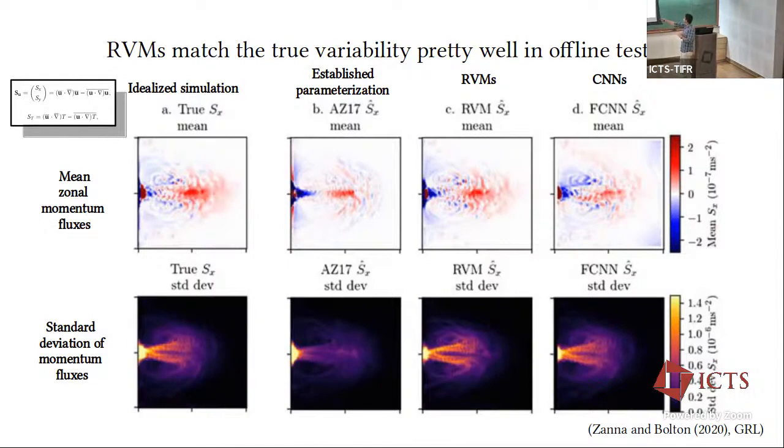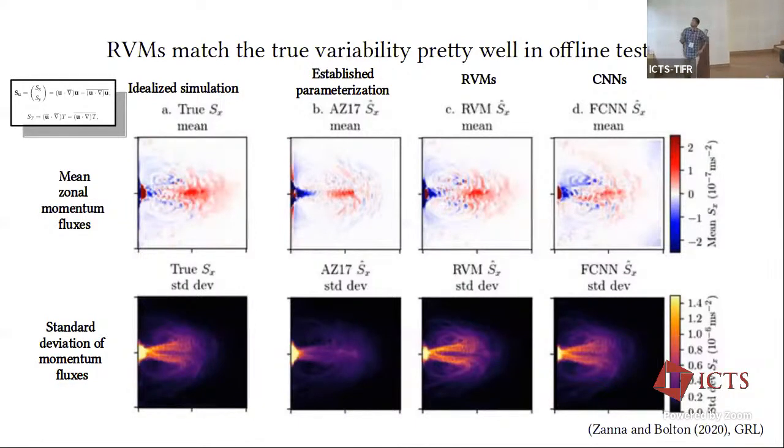And you compare it with 3 different cases: first, a parameterization they created in 2017 based on physical principles without any ML. Then the relevance vector machine closed form solution that they obtained through regression. And then the fully connected convolutional neural net that they used to create the parameterization. So this is the truth, and these are 3 ways of emulating the subgrid scale momentum flux.